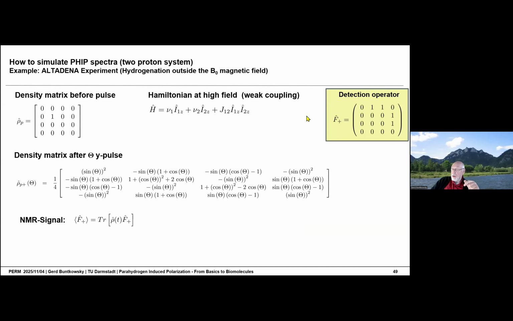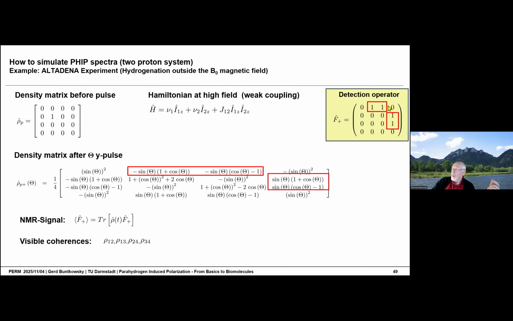And when we compare, our NMR signal is given just by the trace of the density matrix and the detection operator. When you look at the detection operator, you see only these 4 elements are 1, but the rest is 0. So from the density matrix, we have 4 contributions to the signal, which are shown here.